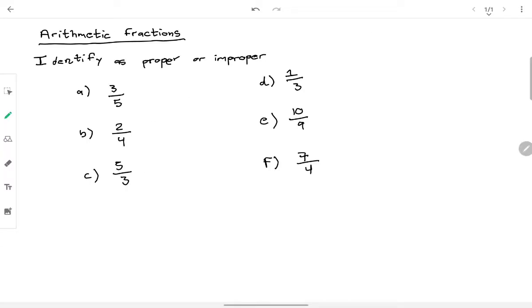So let's make a little exercise to identify some fractions as proper or improper fractions. So let's see. The first exercise, 3 is smaller than 5, so this will be a proper fraction. In letter B, 2 is less than 4, so it's also a proper fraction. Letter C, 5 is bigger than 3, so it's an improper fraction.